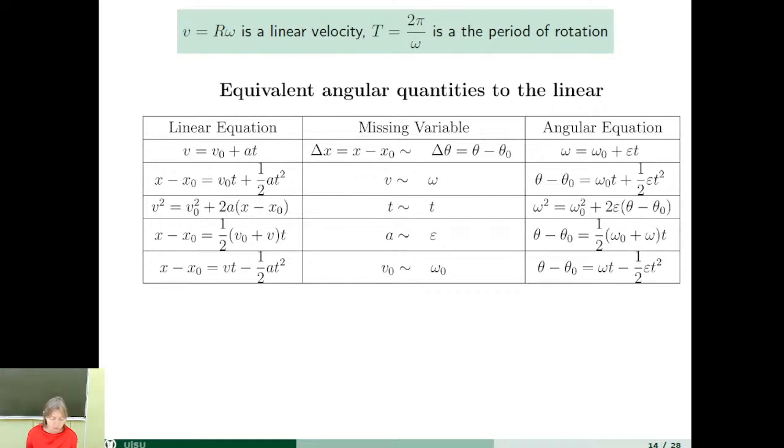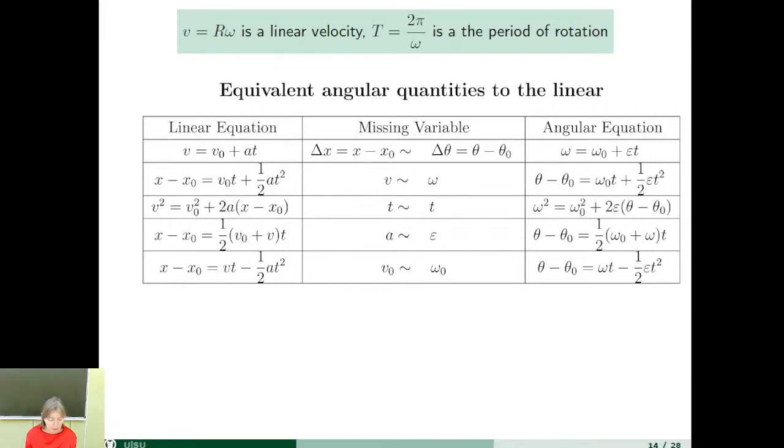We often need to relate the linear variables s, v, and a, the displacement, velocity, and acceleration of particular points in a rotating body, to the angular variables. Theta is angle, omega is angular speed or angular velocity, and epsilon is angular acceleration for that body.